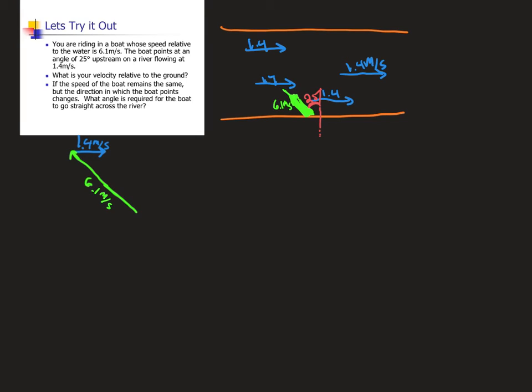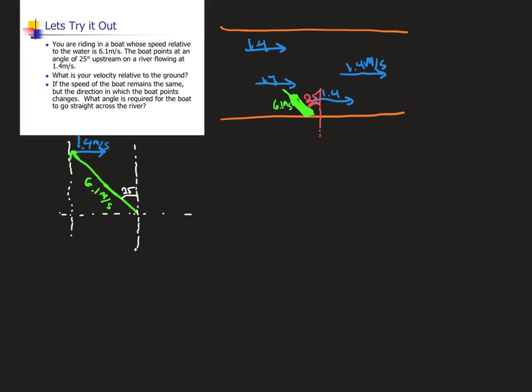Now I'm going to draw my x and y axes here, and I'm going to try and get some dotted lines added in there. My angle here, remember, was 25 degrees.